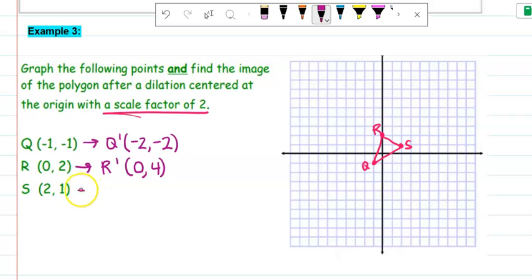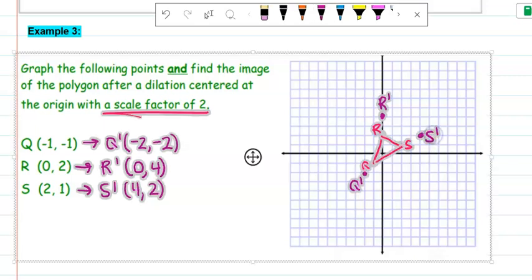S would be 2 times 2 is 4. 1 times 2 is 2. All right, so Q's at -2, -2. R prime is 0, 4. S is at 4, 2.